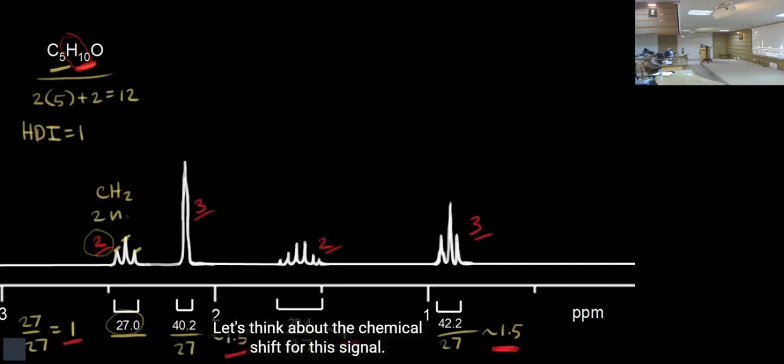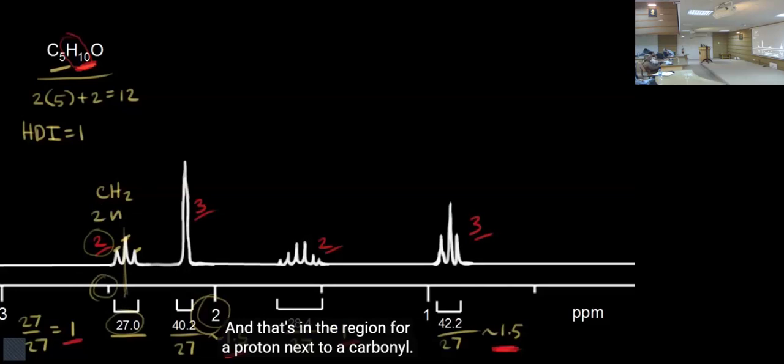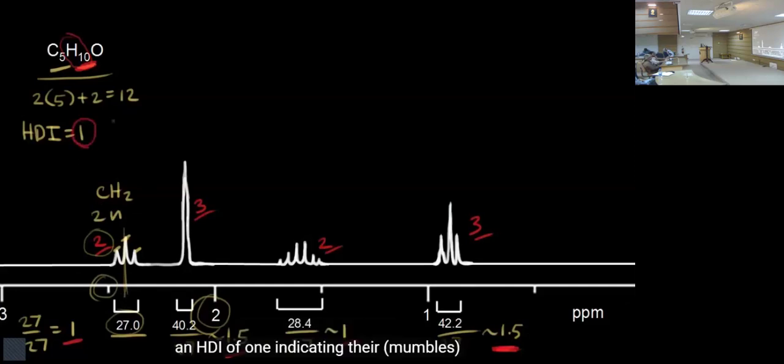Let's think about the chemical shift for this signal. It is between 2 parts per million and 2.5, which is the region for a proton next to a carbonyl. That makes a lot of sense because we calculated an HDI of 1, indicating there might be a double bond present, and we need to account for an oxygen in our molecular formula.